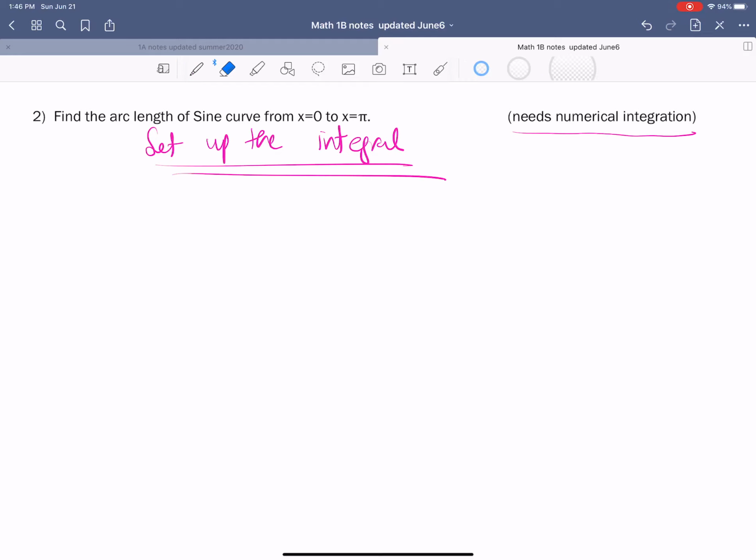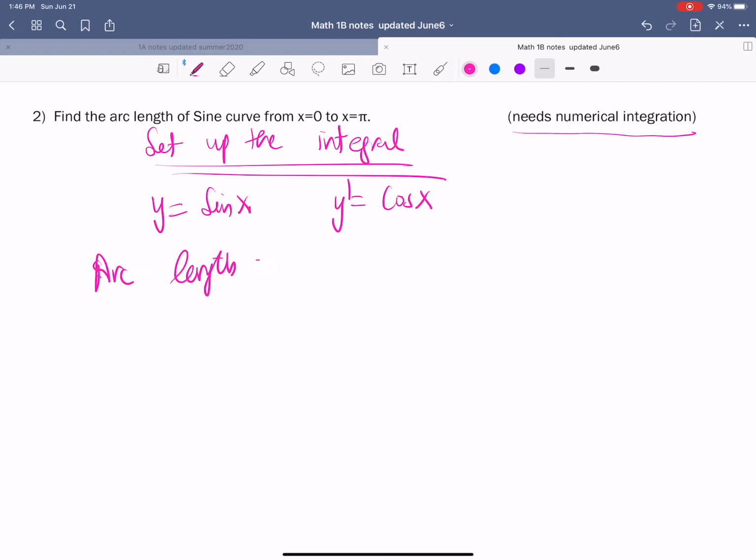So y is equal to sine x, y prime is equal to cos x. So arc length would be equal to, from x equals 0 to pi, square root of 1 plus f prime of x squared. What is f prime of x?